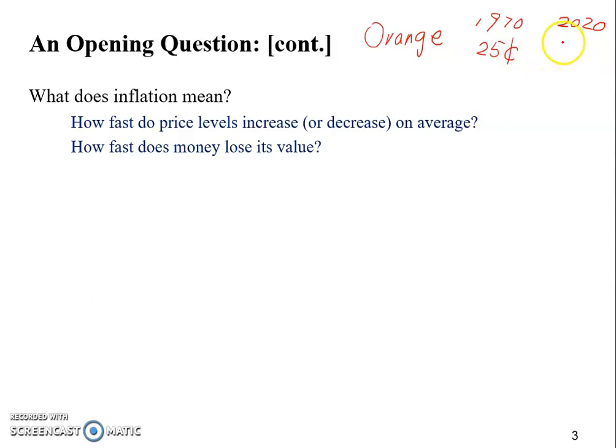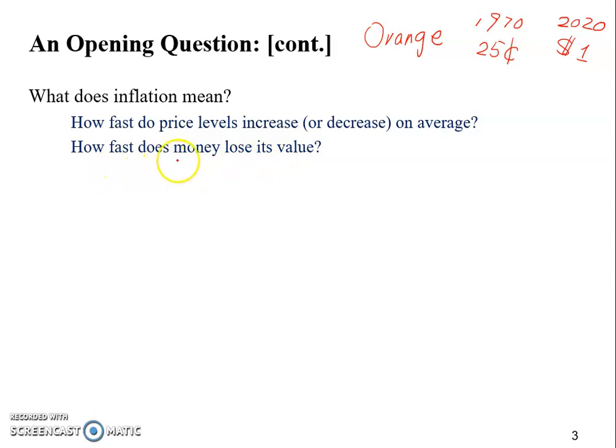And today we have to spend $1 to purchase the same orange, probably the same kind, the same size. And so here we could say that the price level, which is measured by the orange price, increases by 400%, or 4 times. So that's the first one here. How fast do the price levels increase or decrease?